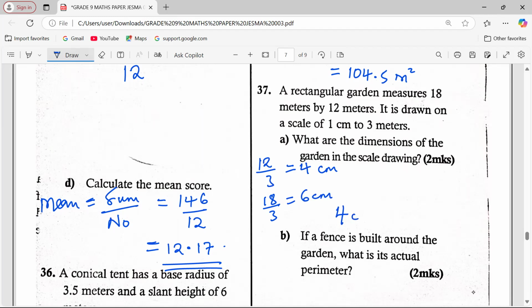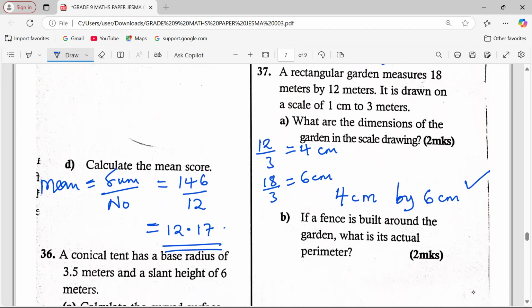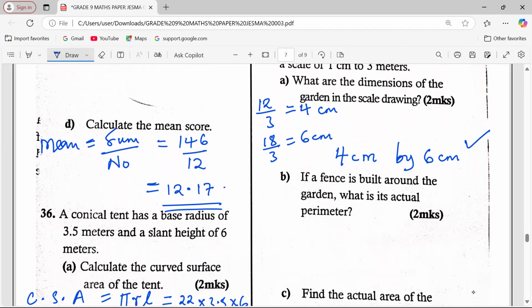Therefore, the drawing will measure 4 centimeters by 6 centimeters. So that is the measurement of the drawing according to the scale which has been used.